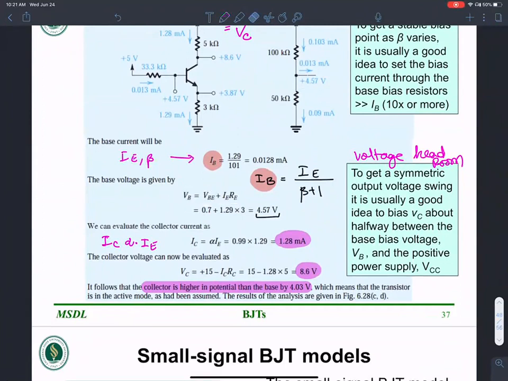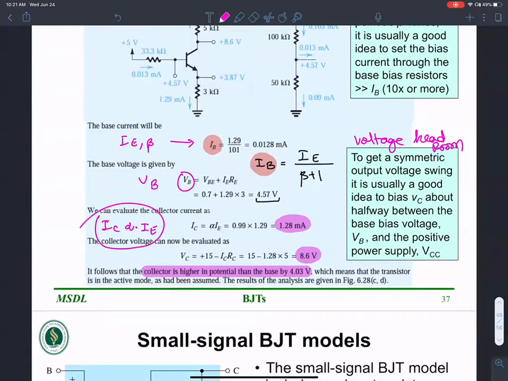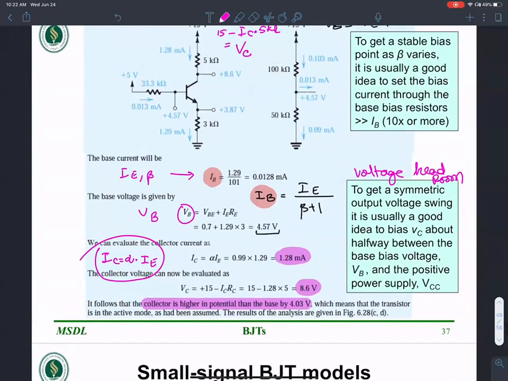Once I have IB and IE, I should be able to calculate VB, the base voltage. And then using IE and alpha, I should be able to calculate IC. That's all there is to it. This is all DC analysis.